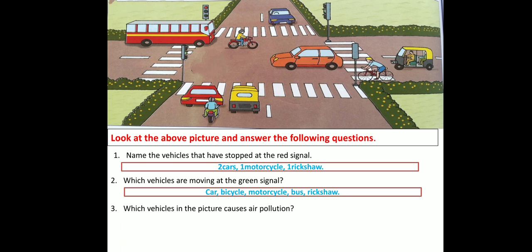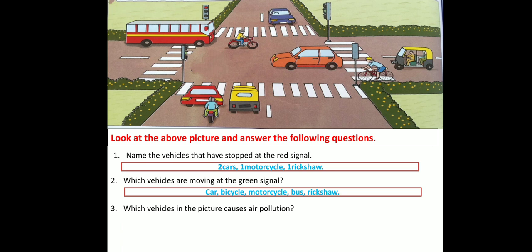So we have to name now the vehicles that cause air pollution. Now if you observe carefully, you will notice that all the vehicles cause air pollution. And why is that so? Because all the vehicles are letting out smoke. But there's one vehicle which doesn't let out smoke. That's the bicycle. The bicycle doesn't let out any smoke.